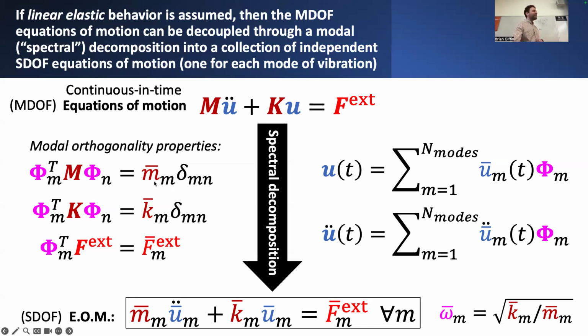These corresponding coefficients, M bar and K bar, are the modal mass and modal stiffness associated with this particular mode M. So the orthogonality property, which says that if I do this operation I get back this nice diagonalized representation for each of these two things, effectively indicates that each of the modes in the structure operates totally separately from one another.